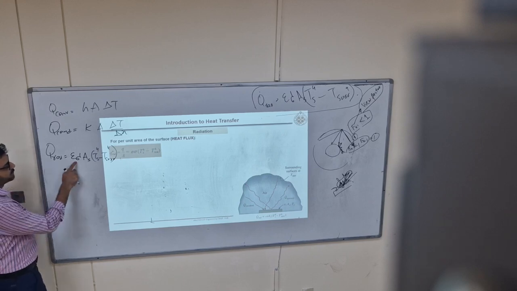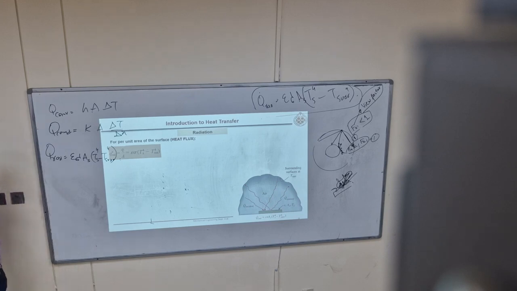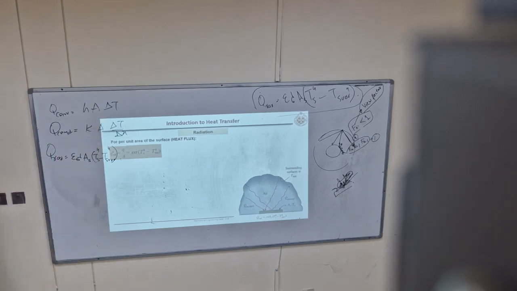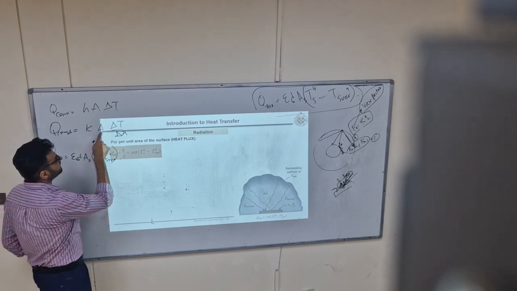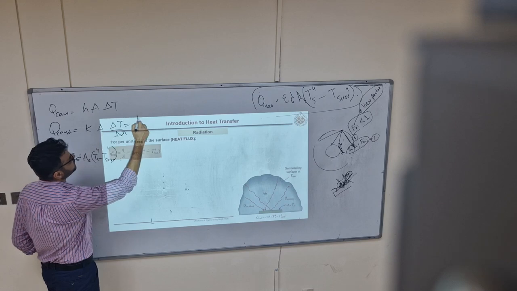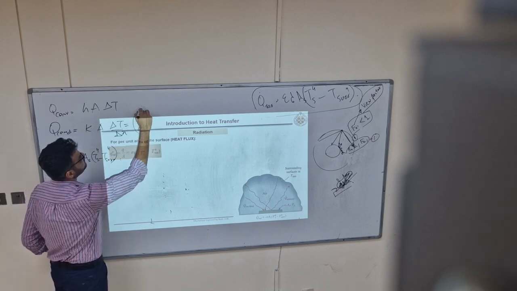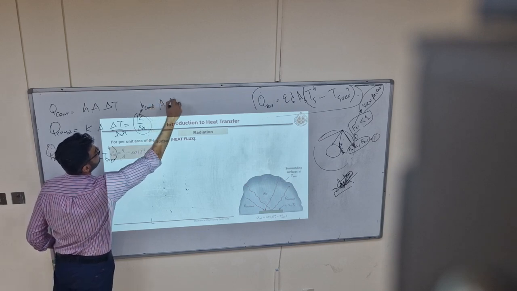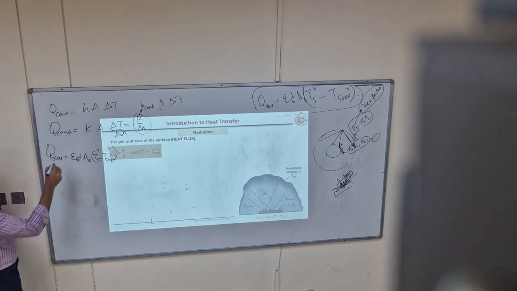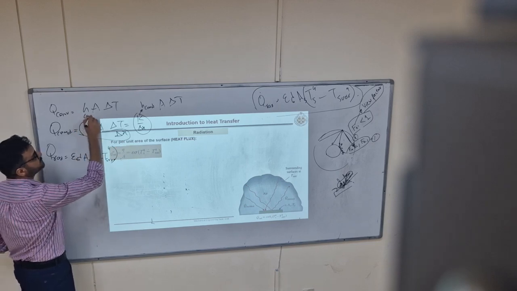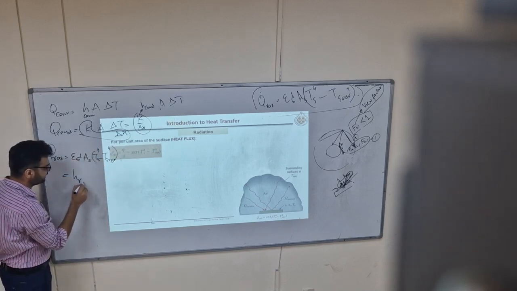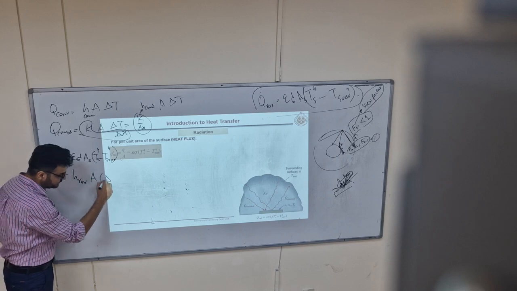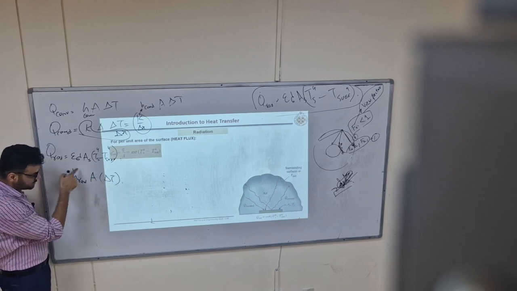If I want to write this equation simply in delta T form, like here, we can do some mathematical manipulations. If I say k over delta x is h conductive, then conduction is h conductive A delta T, and convection is h convective A delta T. The same I want to write here, h radiative A delta T. So what will be h radiative?